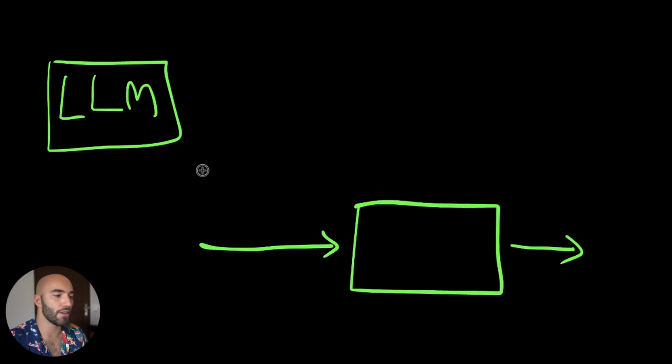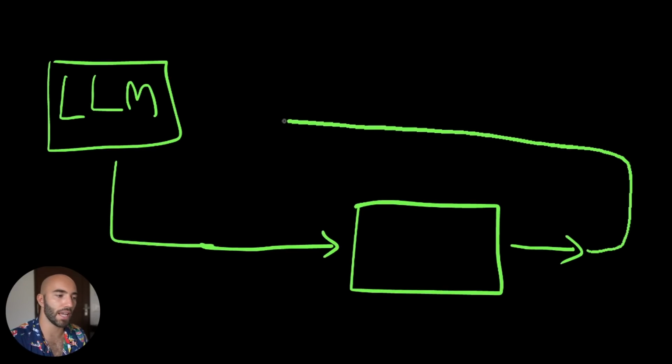The input to this tool is going to be controlled by our large language model, and then the output goes back to our large language model. So it's just a way of giving new abilities to our large language models.